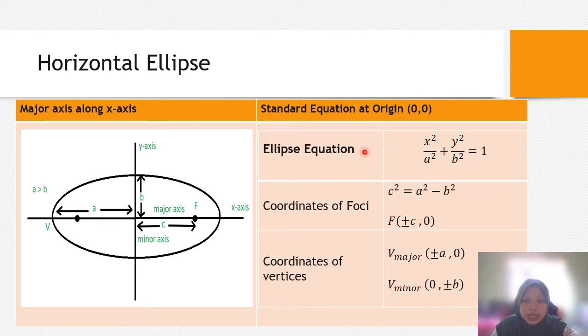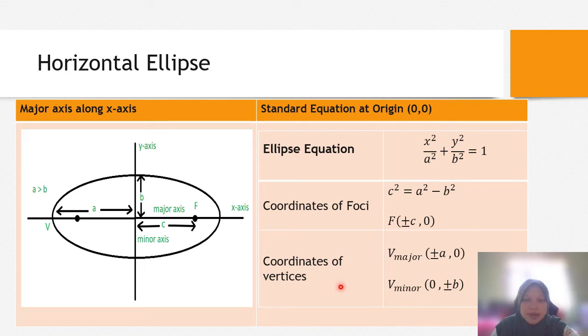Based on this equation, you can determine the type of ellipse that you have, either horizontal or vertical, where the value of a must always be greater than the value of b. If the larger number is under x squared, the ellipse is horizontal, and if the larger number is under y squared, the ellipse is vertical.